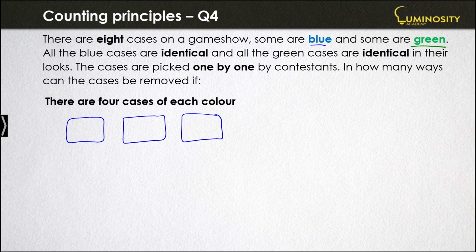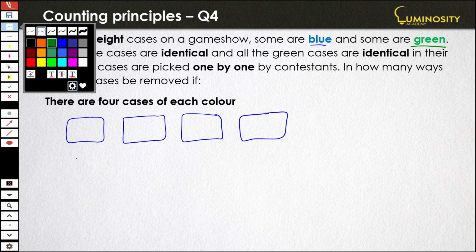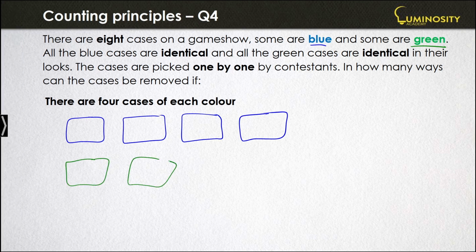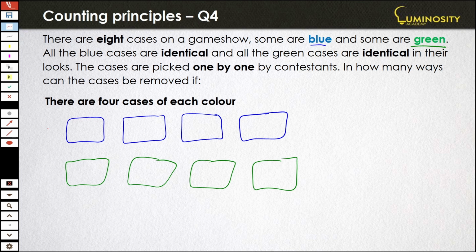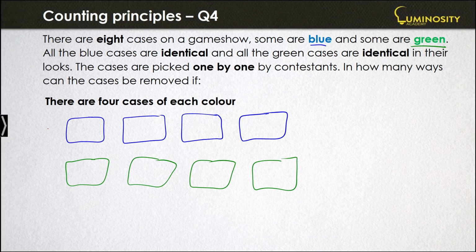In how many ways can the cases be removed if there are 4 cases of each color? So there are 4 blue cases and 4 green cases. We consider these cases to be identical in their looks if they are the same color. If we want to arrange these objects next to each other, and then in that arrangement, those are the different ways we can pick them out and remove them, then essentially there are 8 factorial objects because there are 8 briefcases.